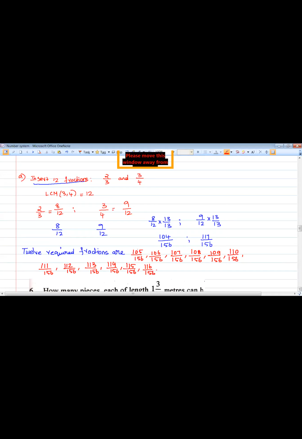Now count the total here. 1, 2, 3, 4, 5, 6, 7, 8, 9, 10, 11, 12. So we have 12 fractions in between our 2 by 3 and 3 by 4. This is the right answer.